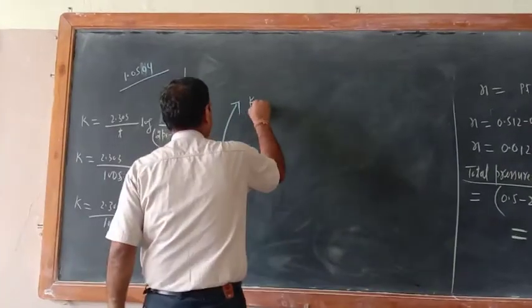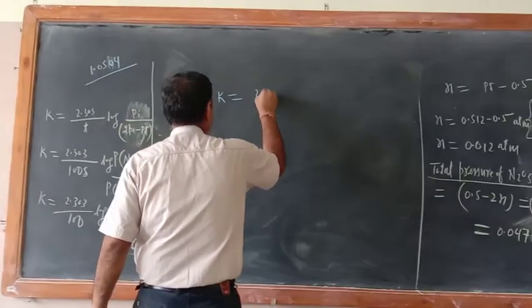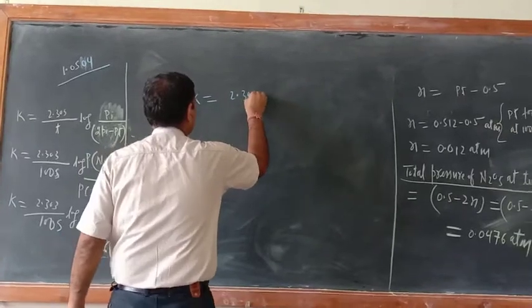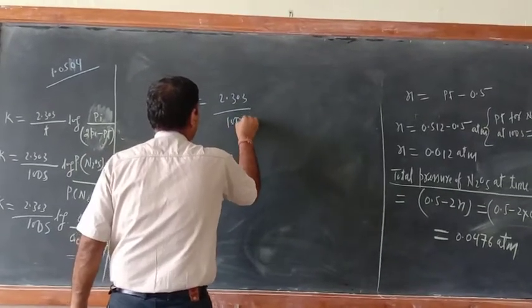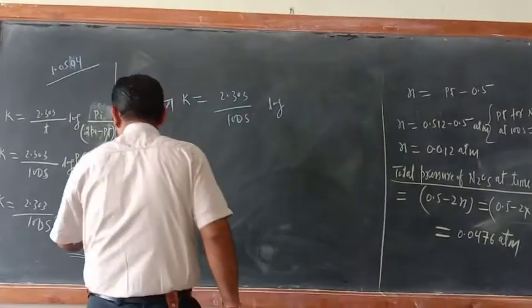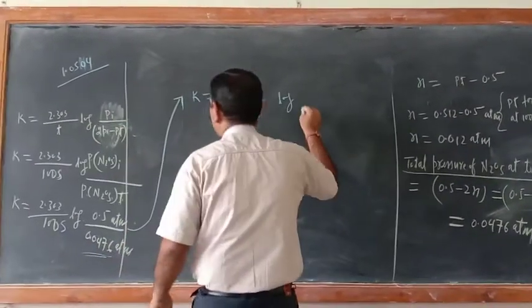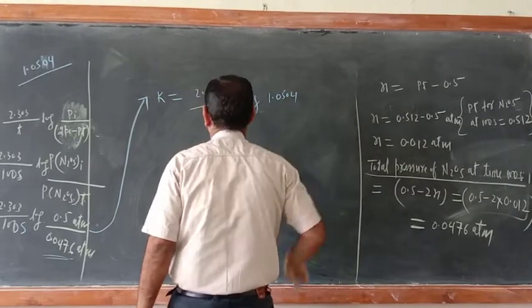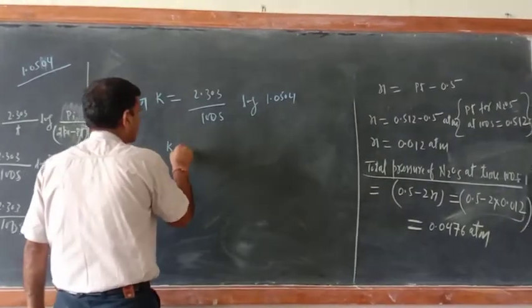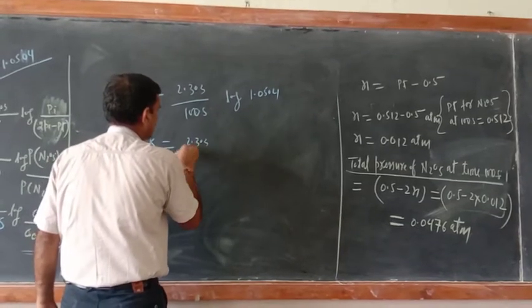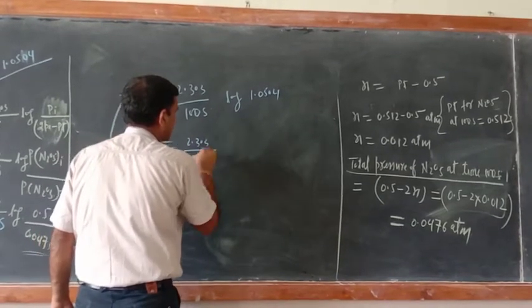So the choice is yours. Now I am solving this one further. K equal to 2.303 divided by 100 second, log. If you solve this one and this one, you will get log 1.0504. Now just see, K equal to 2.303 divided by 100 second.